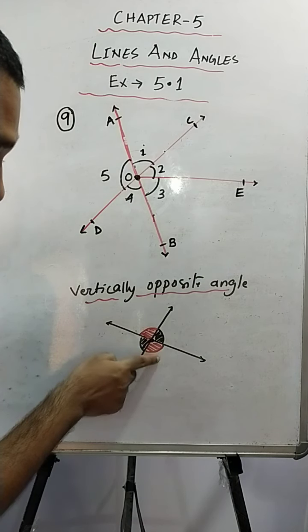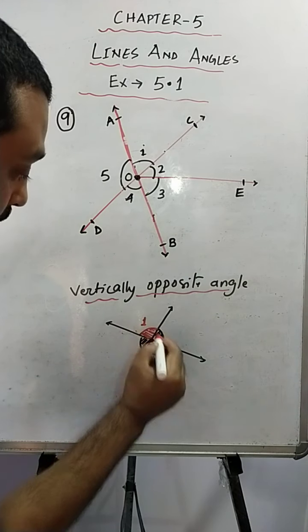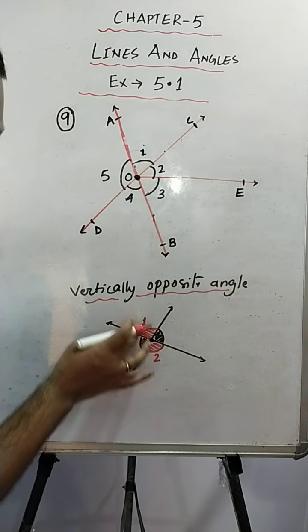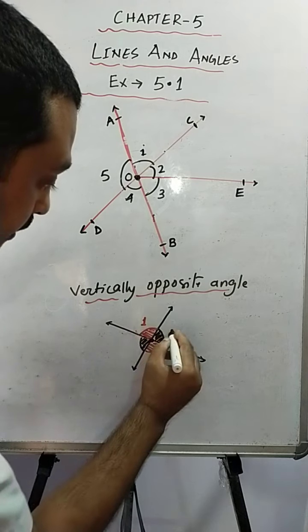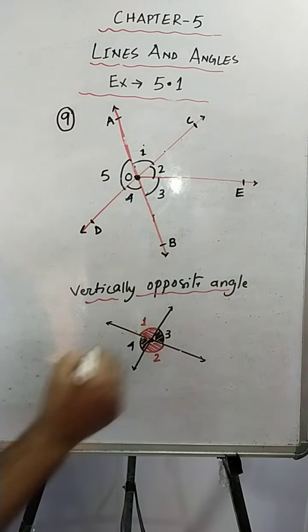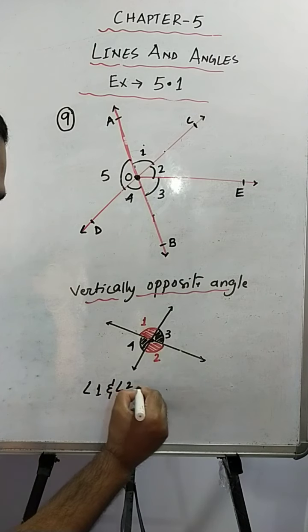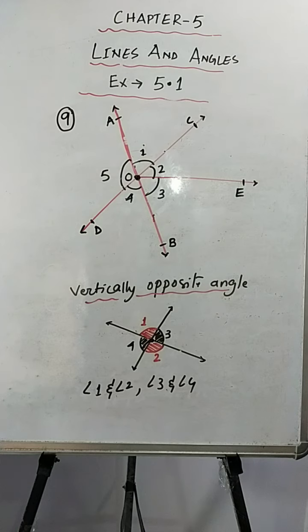It is red, red, black, black. If I name this as 1 and 2, so 1 and 2 would be vertically opposite angles, and 3 and 4 would be vertically opposite angles.